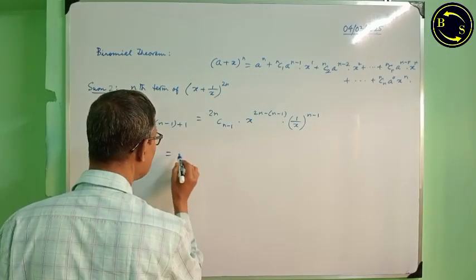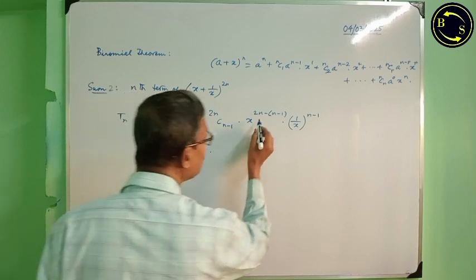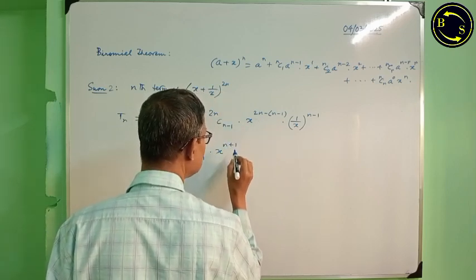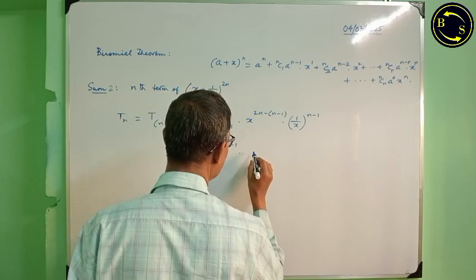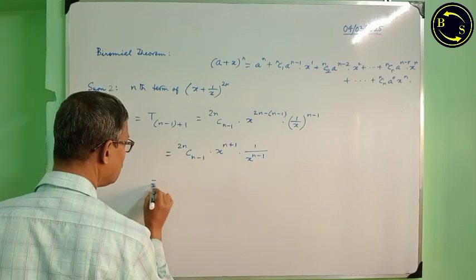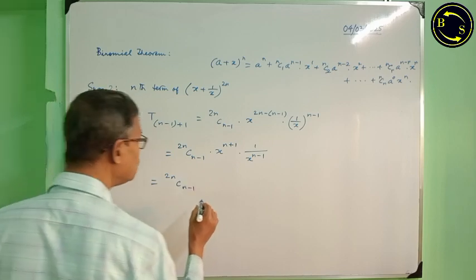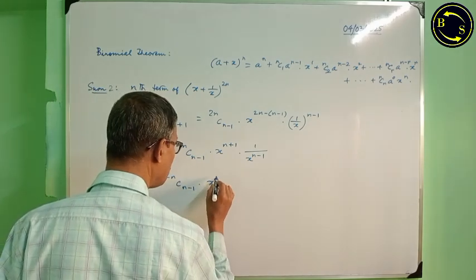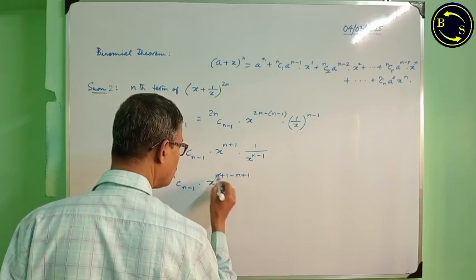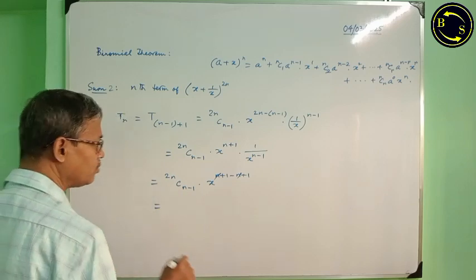Now on simplification it will be 2n C n minus 1 x to the power n plus 1 into 1 by x to the power n minus 1. 2n C n minus 1 into x to the power n plus 1 minus n plus 1. N cancelled, therefore 2n C n minus 1.